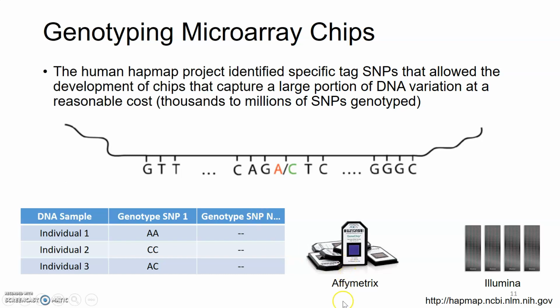These are manufactured and produced by biotech companies. Some of the leading brands are Affymetrix and Illumina. Illumina, remember, produces a lot of the next generation sequencing machines that we get a lot of our data from.